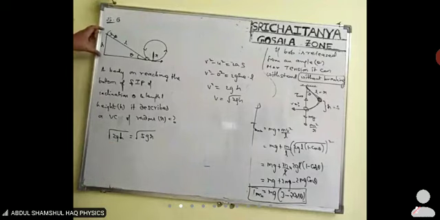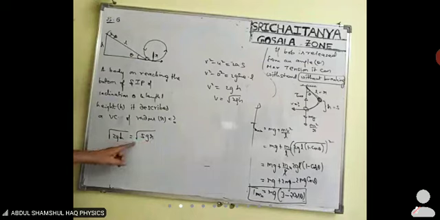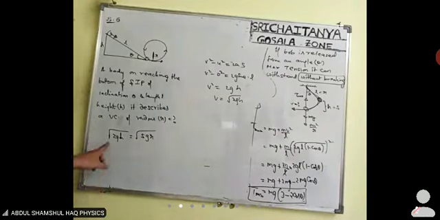I repeat, if a body falls from a height h like this and goes down like this, and it makes a vertical circular motion of radius r, root 2gh is equal to root 5gr. In that case, we can find the value of h, the inclined plane height. I've explained why I have equated these two. Students, Shashank, Arif, please tell me, did you understand why they are being equated here?